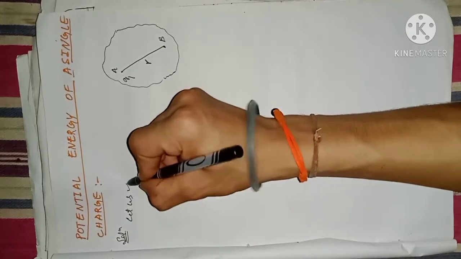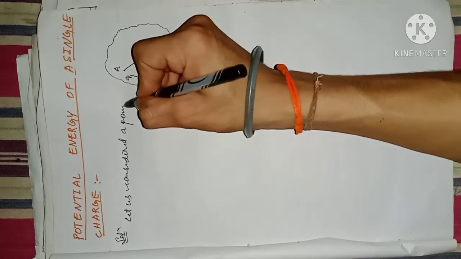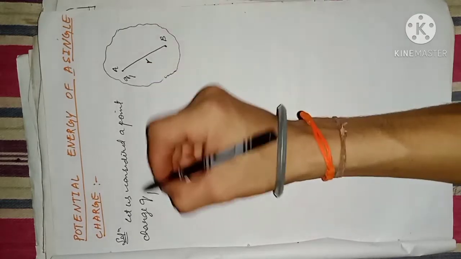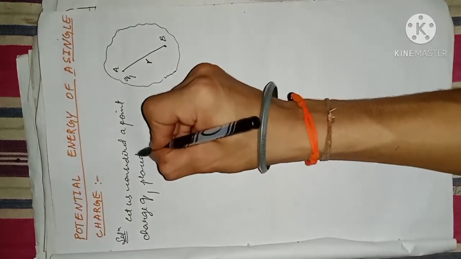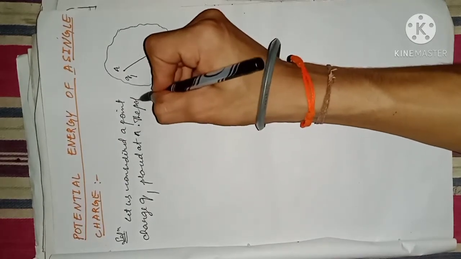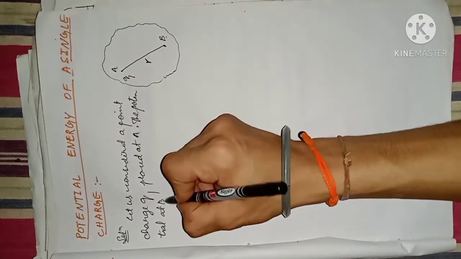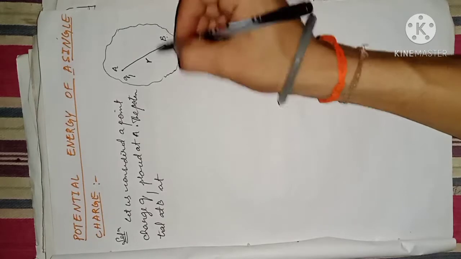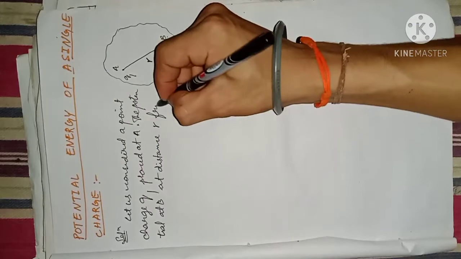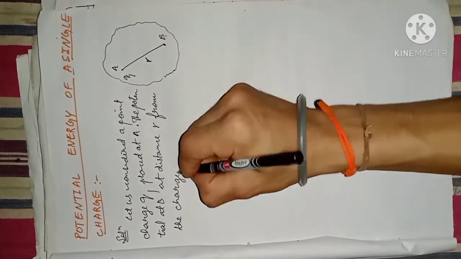Let us consider a point charge q1 placed at A. The potential at B, at distance r from the charge q1.